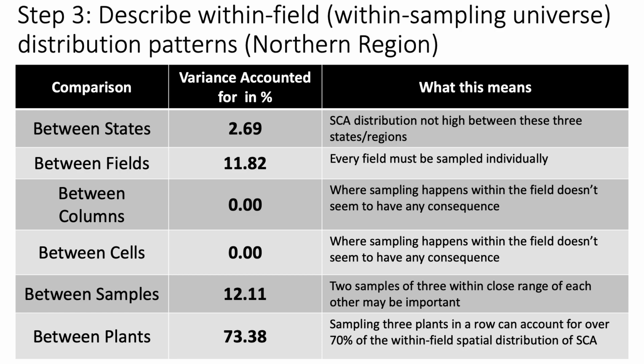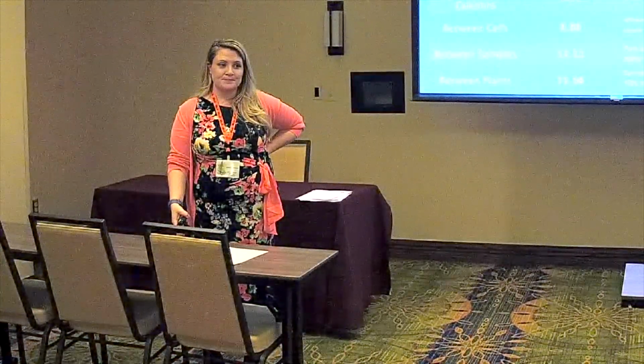We ran a nested ANOVA, nested analysis of variance, which allows us to figure out what the percentage of variance is accounted for within that sampling protocol, the stratified sampling protocol that we did. In the northern region, interestingly enough, we found that more than 70% of the variance can be accounted for just by taking those 3 plants in a row, which tells us that they are so aggregated that one plant to another has the highest amount of variance in that field.